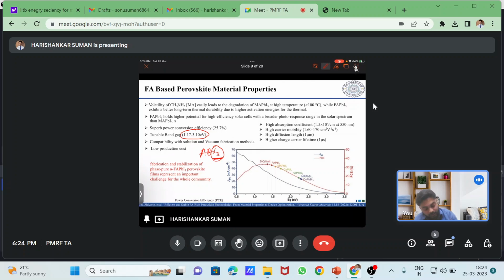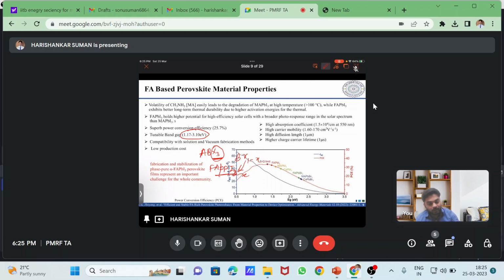If we intermix, like FA, Pb, I3 (1 minus x), this is the pure composition. If we mix bromine with iodine in a 1 minus x proportion, then we can tune it, or from bromine to iodine to chlorine. Sir, tuning means actually doping?